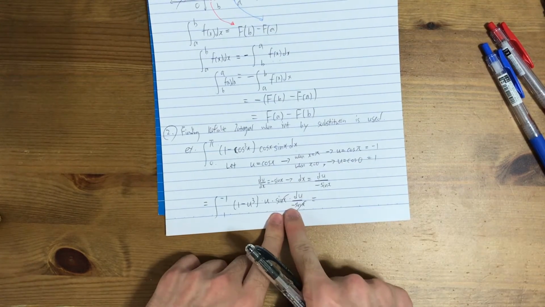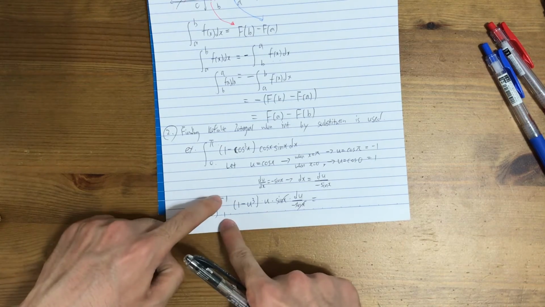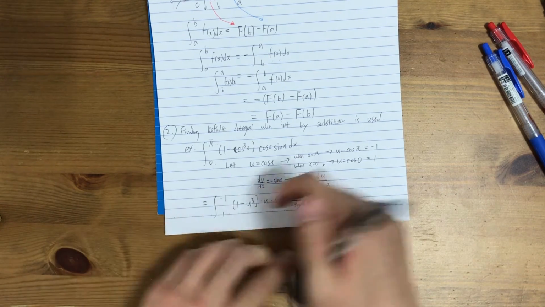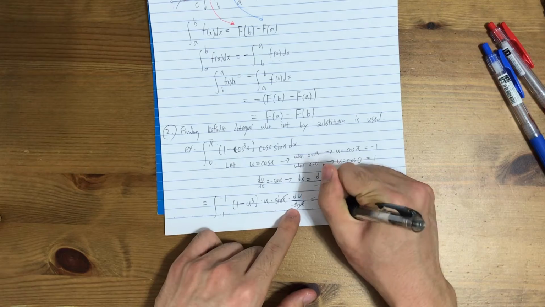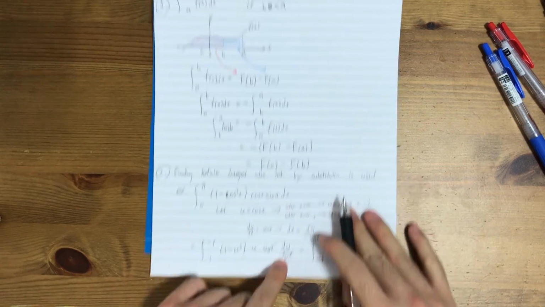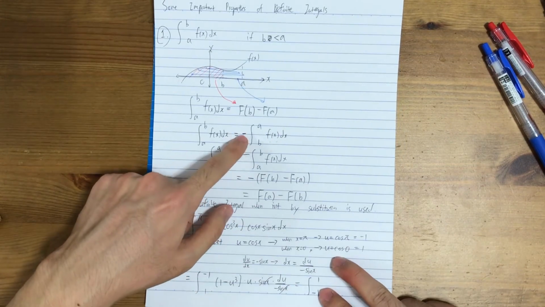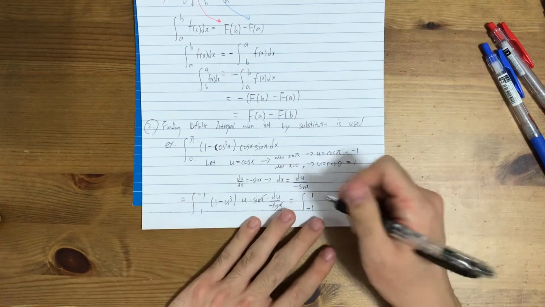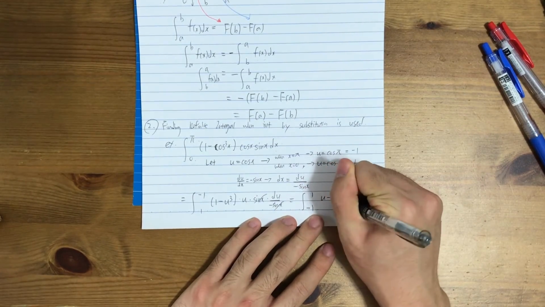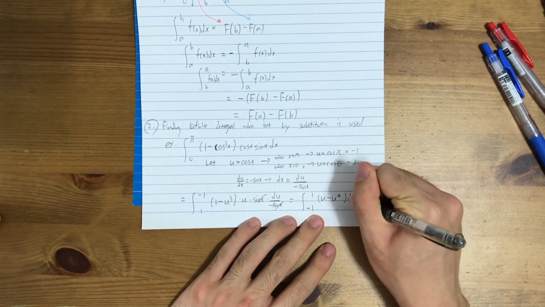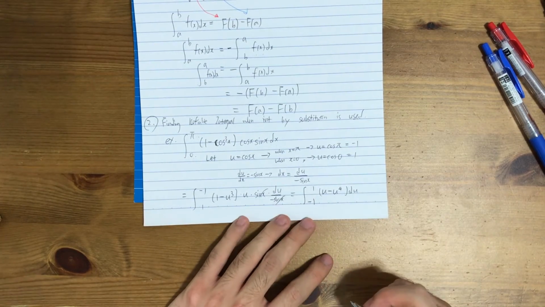And we have this negative sign, but by switching this boundary, we can cancel out this negative sign. Because remember, if we switch the boundary, we have -1, okay? So this is what you have to integrate.